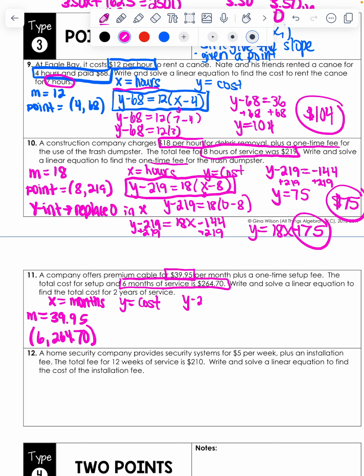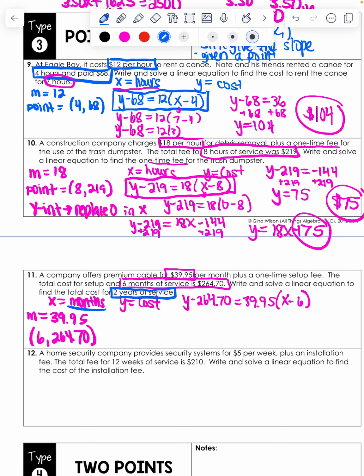Y minus 264.70 equals $39.95 times x minus 6. That's our equation. We're going to then use this equation to answer the question. Write and solve a linear equation to find the total cost for 2 years of service. So here's a little hurdle. The question that they gave us all the information in is in months.